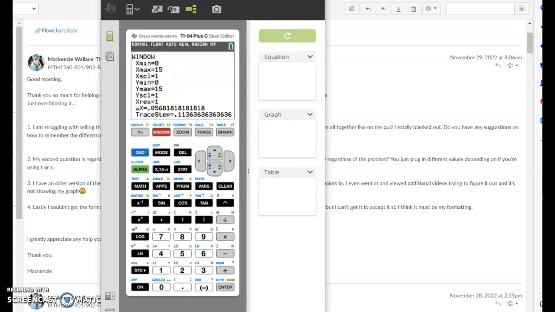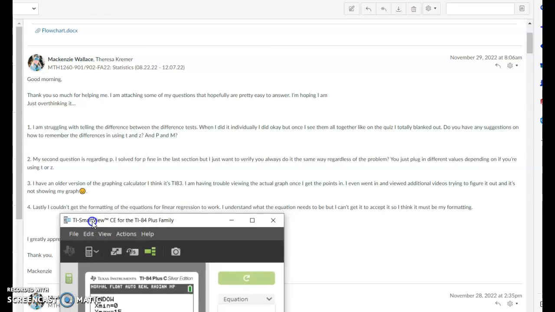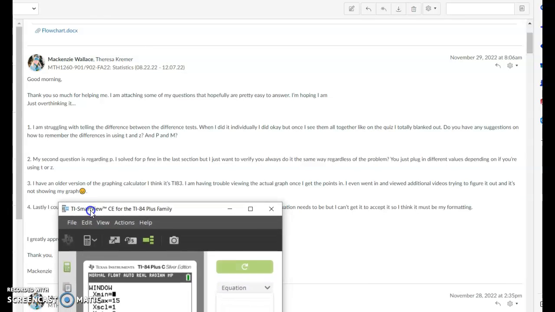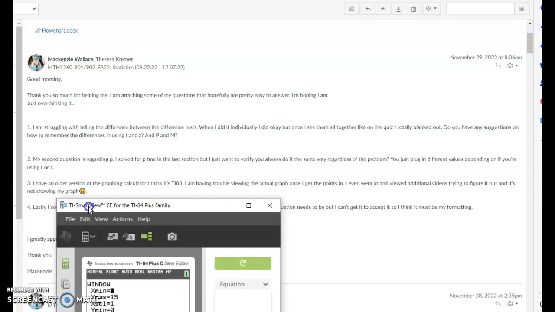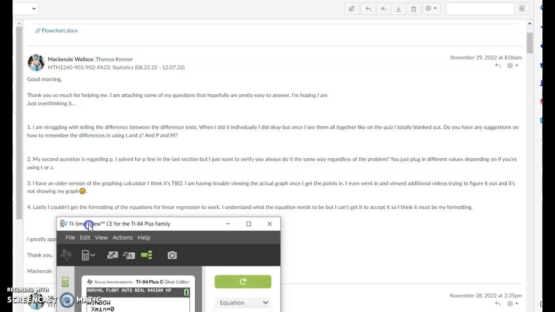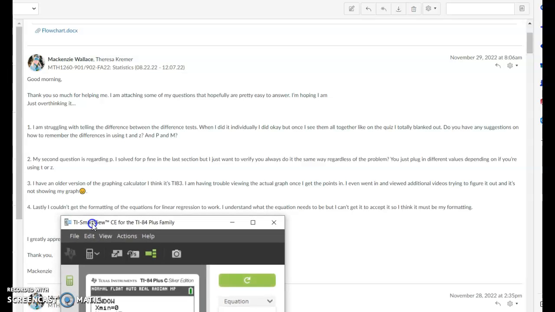Okay, so let me go back to your question here. So you said you're having trouble viewing the actual graph. So maybe that would solve that problem. But again, I'm not 100% sure what your problem is, but maybe that's it. So make sure you turn the stat plot on, and then you have to change your window. And then number 4, you say you couldn't get the formatting of the equations for linear regression to work.